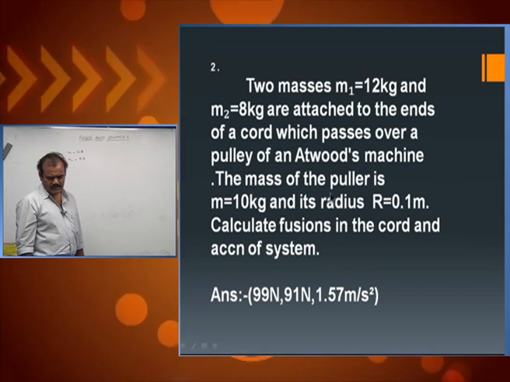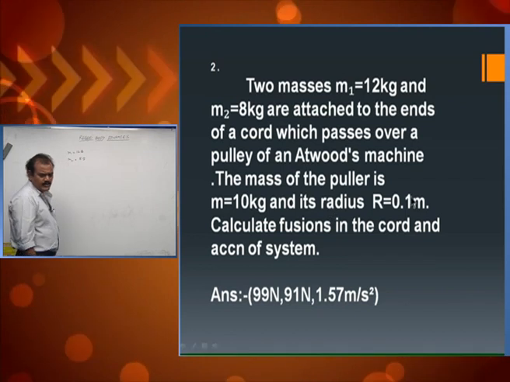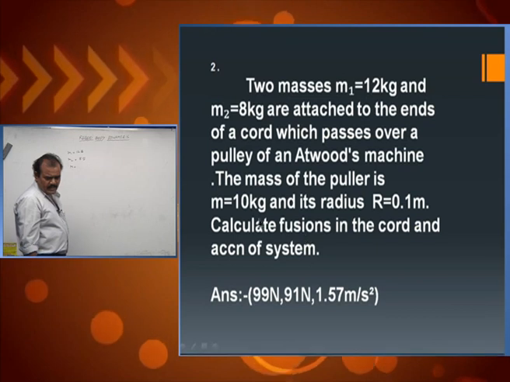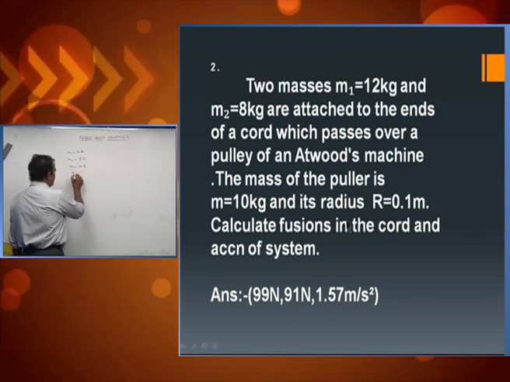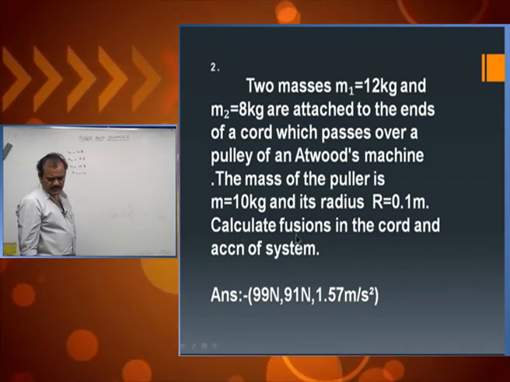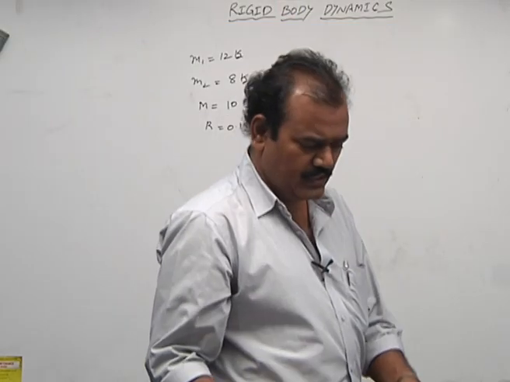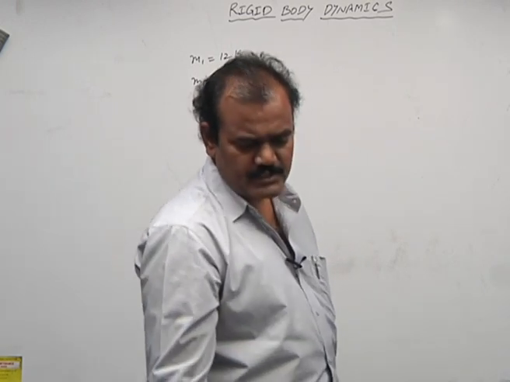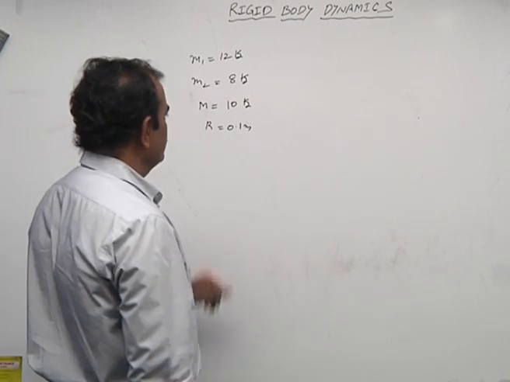The mass of the pulley is M is equal to 10 kg and its radius is 0.1 meter. Calculate the tensions in the cord and the acceleration of the system. There are slight mistakes in the printing.